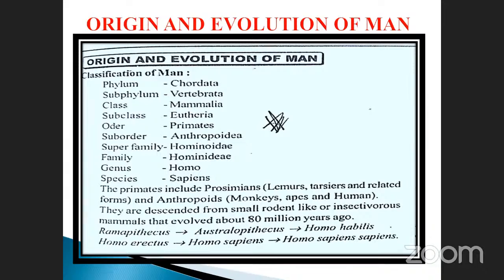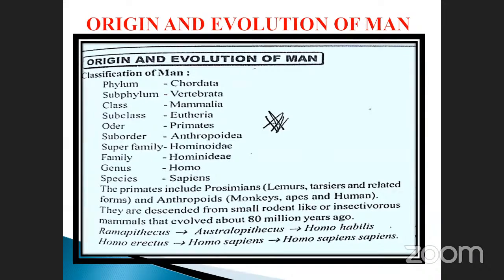See here, the primates include prosimians. Primates means here, the order. Okay. So many prosimians: lemurs, tarsiers, and related forms. And anthropoids, we all come under which one, anthropoids: monkeys, apes, and humans. Okay.